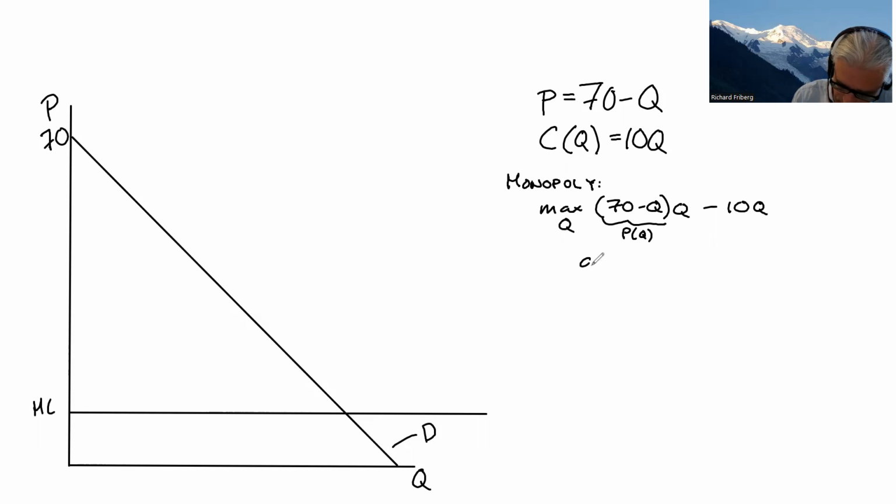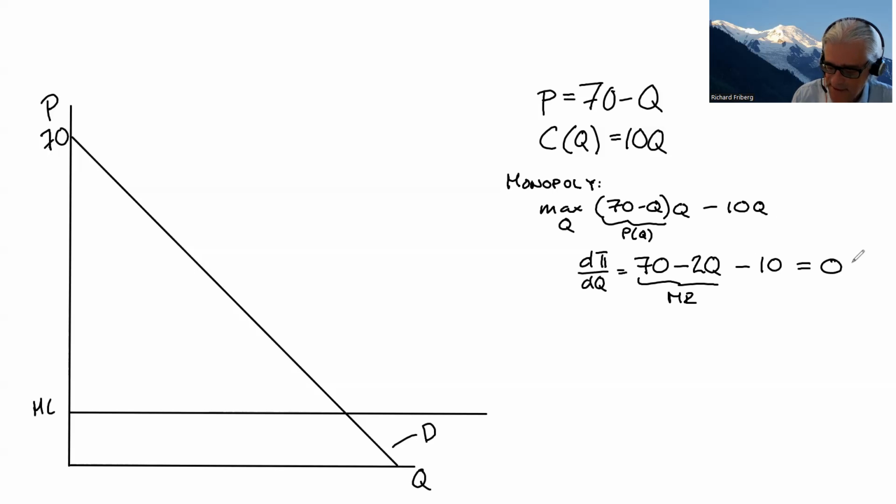So d pi dq, multiplying in and differentiating, is equal to 70 minus 2q minus 10. Differentiating 70q minus q squared with respect to q gives marginal revenue, and this was marginal cost. To find the optimal point, we look at the case where the slope is equal to 0.